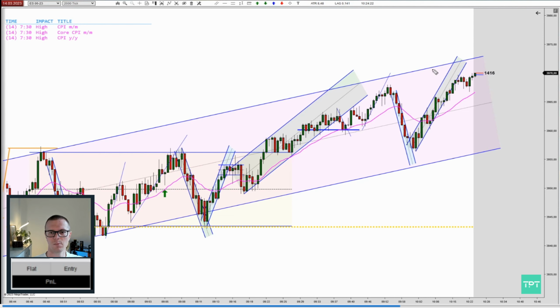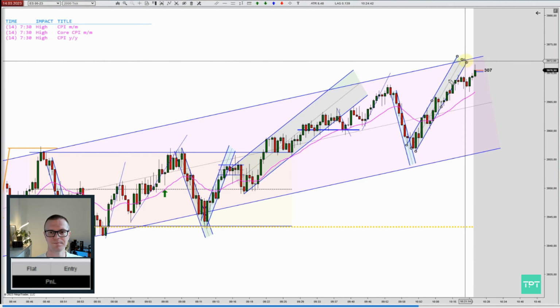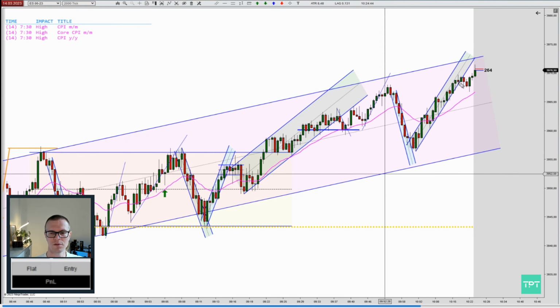You can see prices are going higher, continuing higher without forming a further pullback. So right now there's not much to do. We can just wait and see what's going on. But surely you can see there was a break of the structure here, the first break and the retest of the highs, and you can see the channel resistance where we are bouncing off right now.